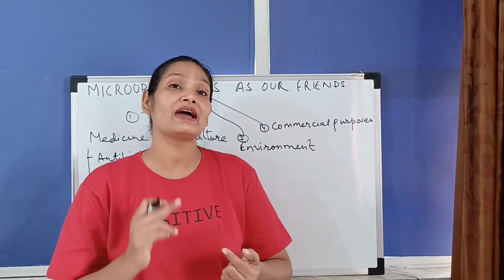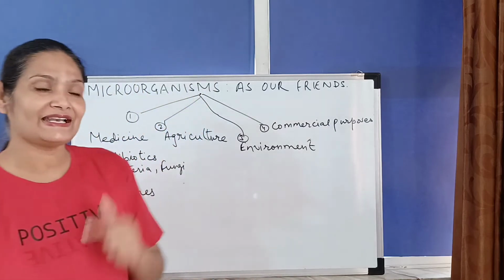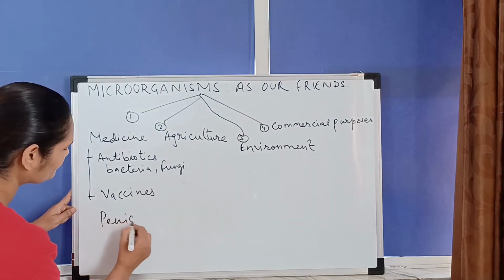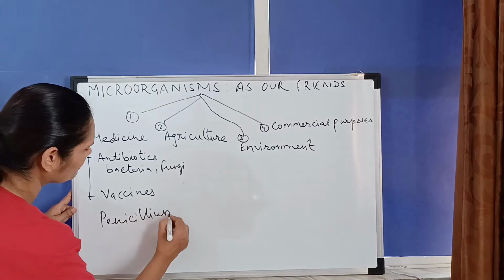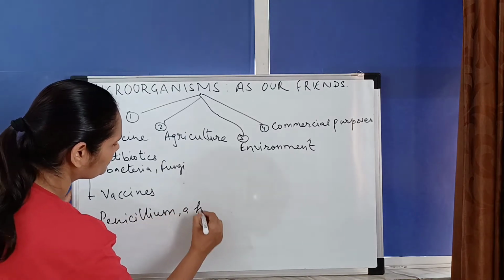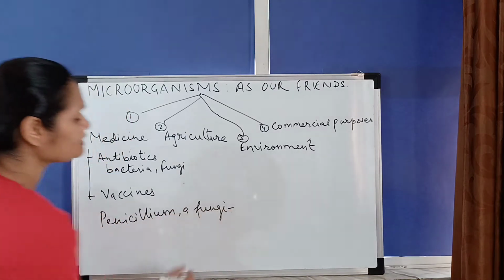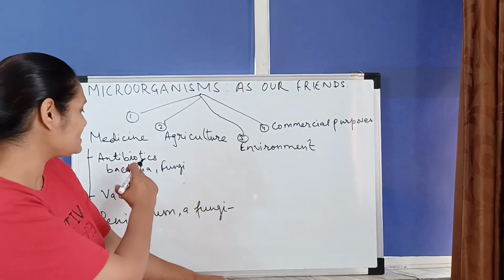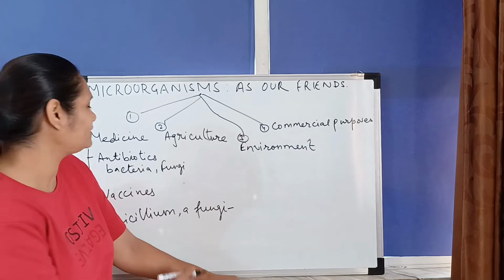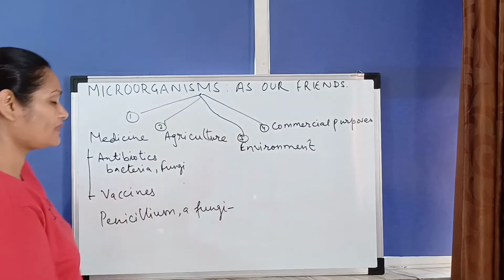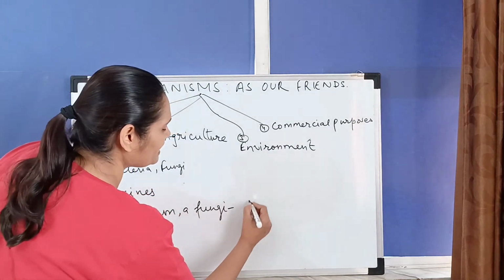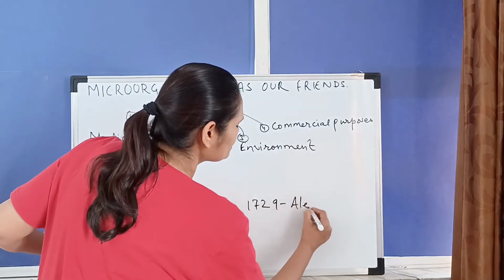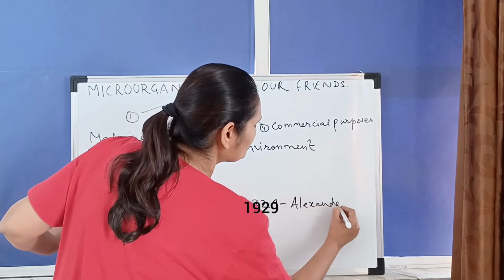So he understood that the penicillium, which is a fungus, prevented the growth of the disease-causing microorganism, and thus he found out about the antibiotic. So when did he find the antibiotic? That was in 1929, and who found it first? Alexander Fleming.